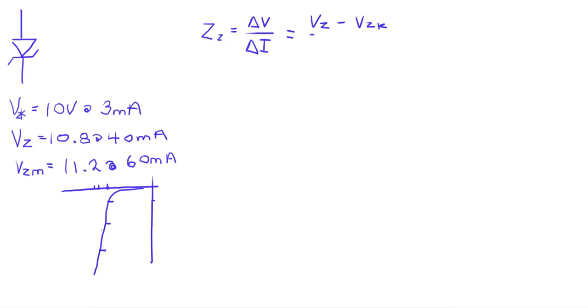And on this side, of course, we'd have the current that's being drawn at the rated voltage and the current that's being drawn at the knee. Again, remember, the knee is this point right here. And that would be the knee current.